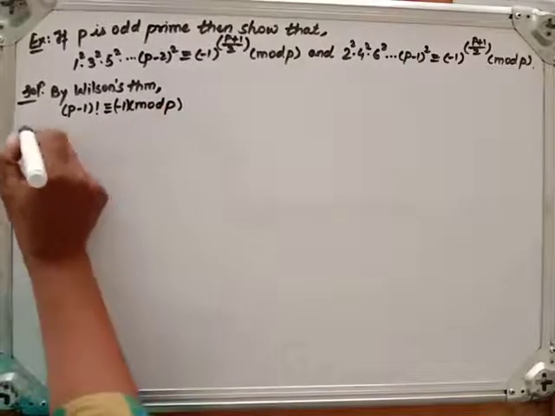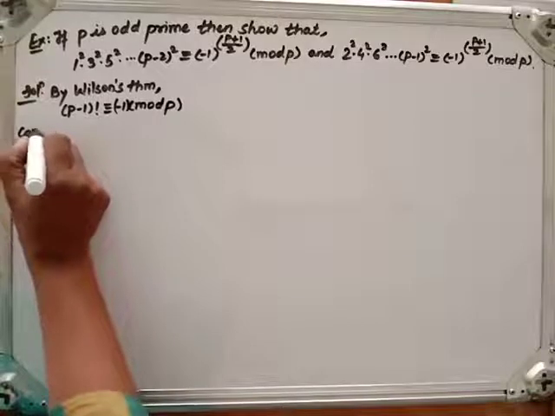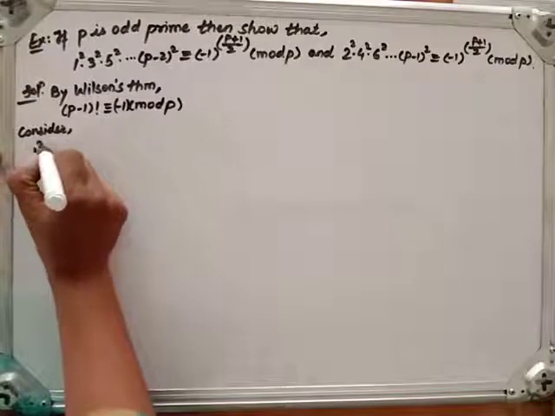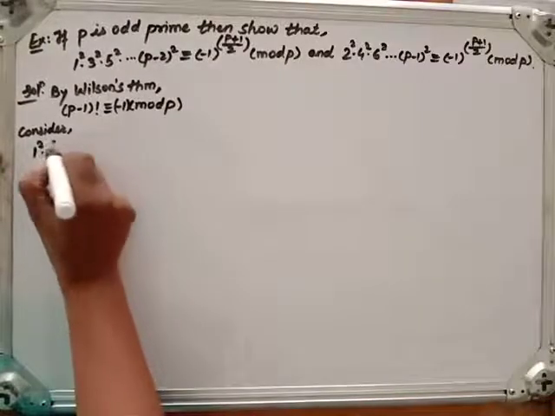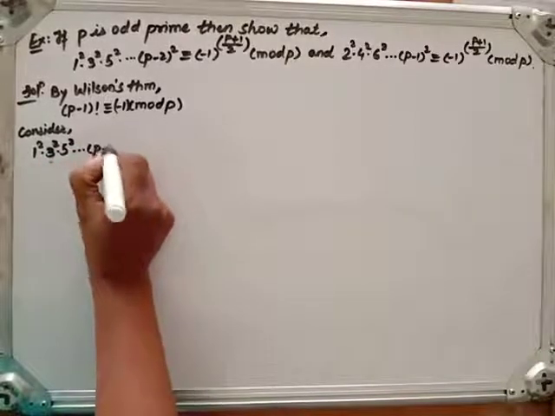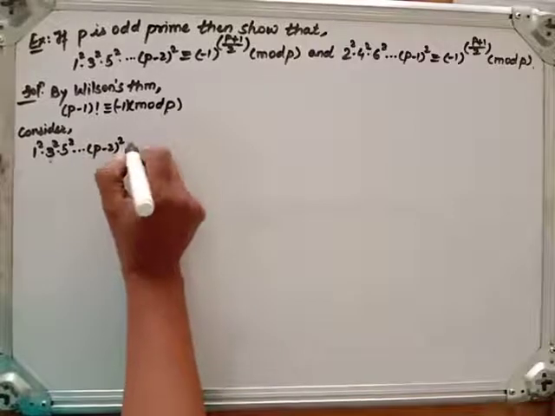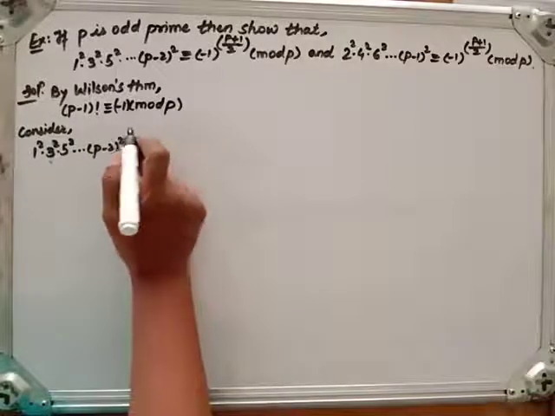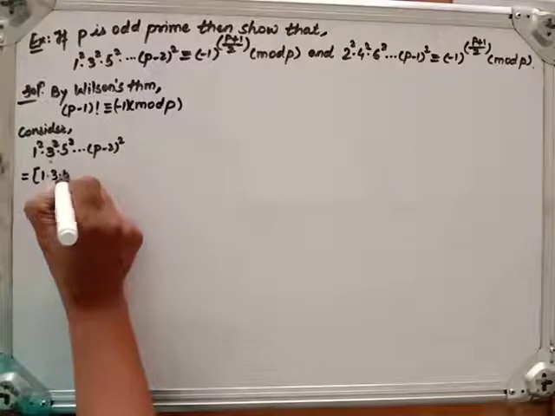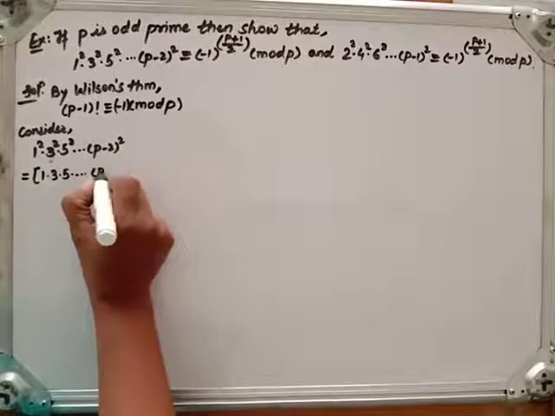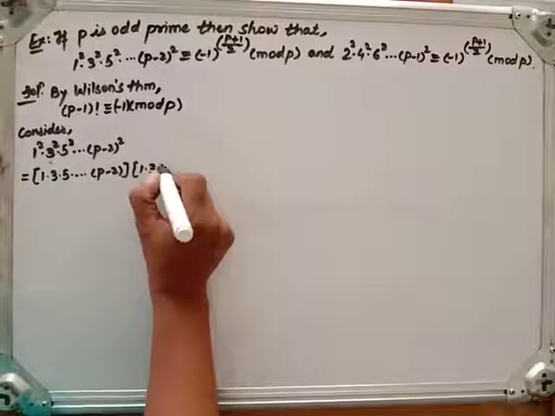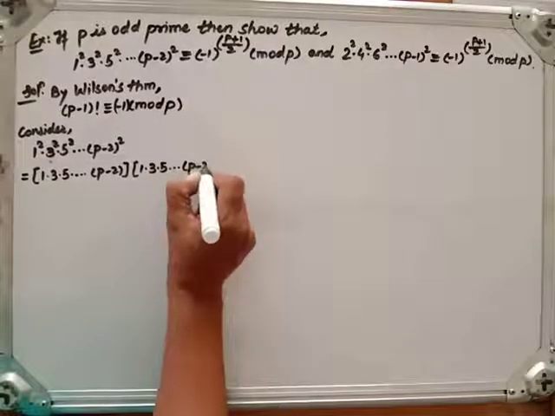Now consider 1 square into 3 square into 5 square and so on up to (p minus 2) square. This is equal to 1 into 3 into 5 so on up to (p minus 2), into again 1 into 3 into 5 and so on up to (p minus 2).